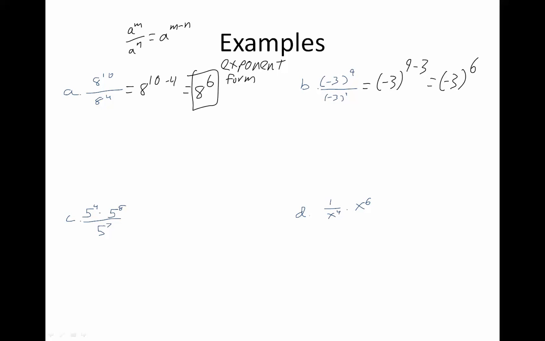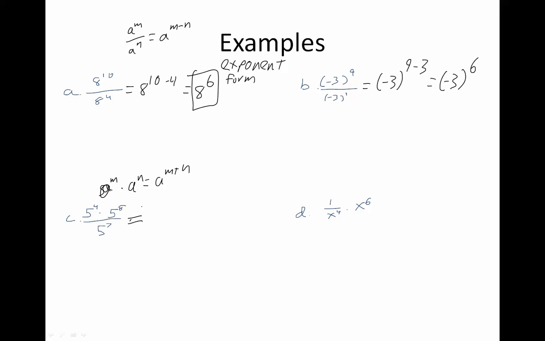In C, we have a combination of things. Notice that we've got some multiplication happening on top. We need to do that first, so we have to do a little simplifying. This takes us to the rule that we learned in the last section, that when we multiply variables, a to the m times a to the n, we add the exponents.